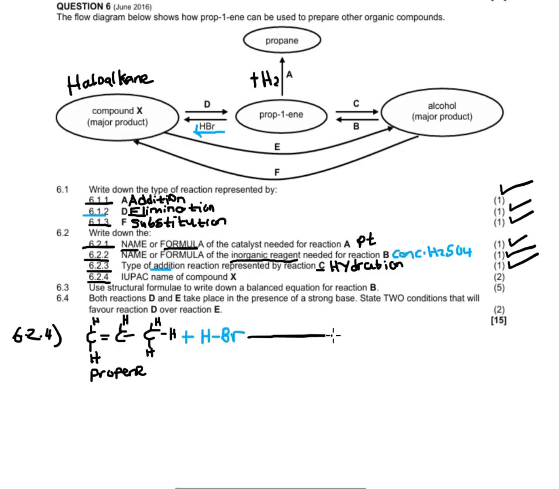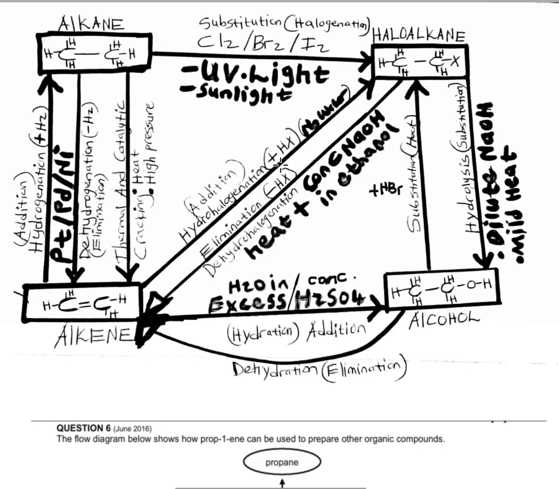We are going to form a haloalkane. But it's under what reaction conditions, guys? We're adding a hydrogen bromide. I am crossing from an alkene to a haloalkane, so it means I'm going to need no water. That's the reaction condition.